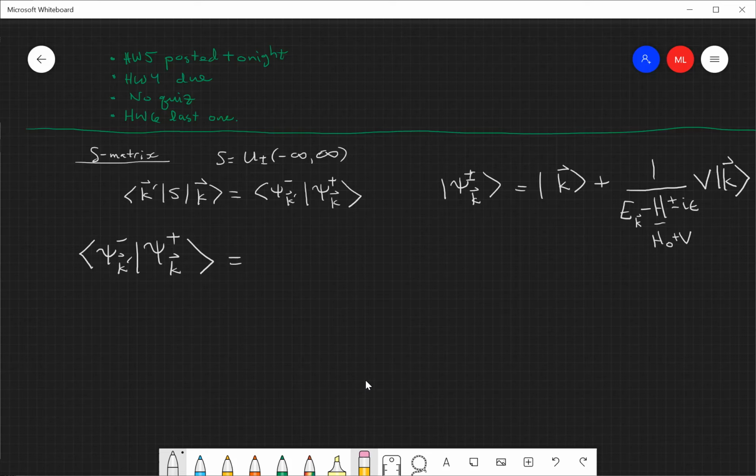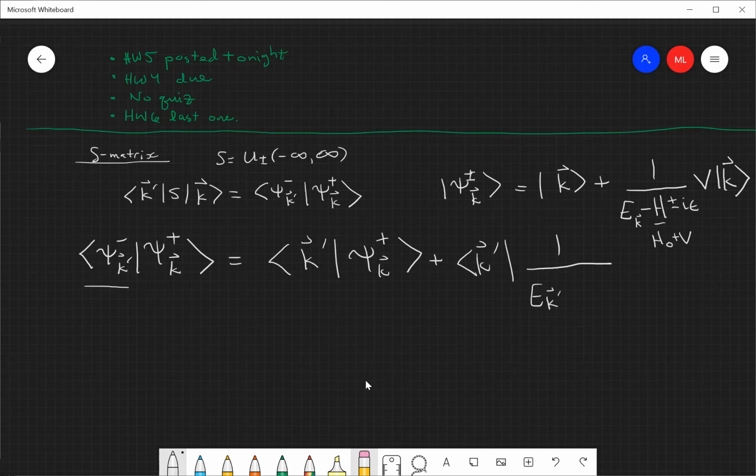We want to expand this bra first. So this is k prime dotted into psi k plus, and then we have plus k prime dotted into this Green's function.